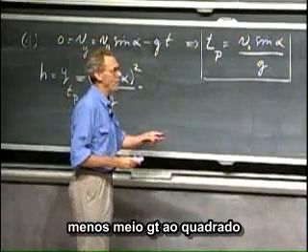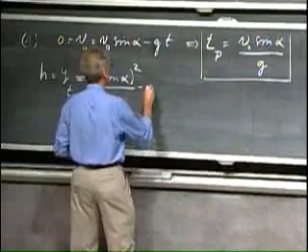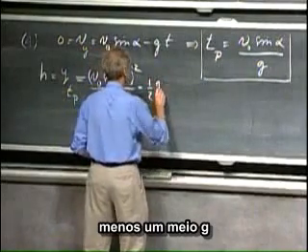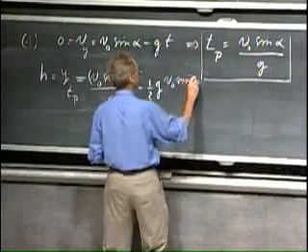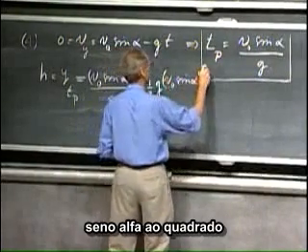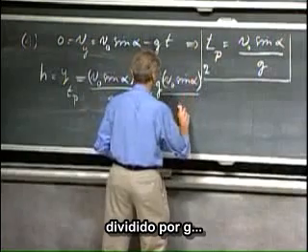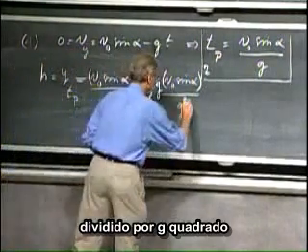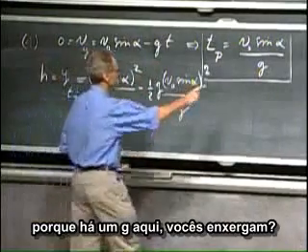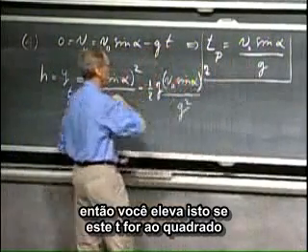This equation, minus half gt squared, minus 1/2 g times this one squared, which is v0 sine alpha squared, divided by g squared. Because there's a g here, you see. So you square the whole thing, it is t squared.